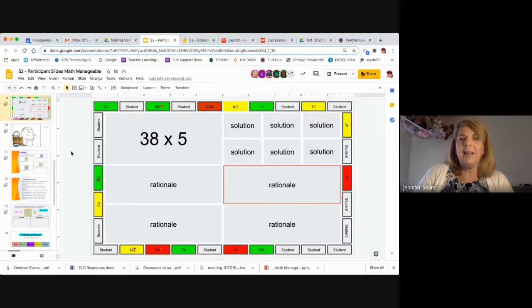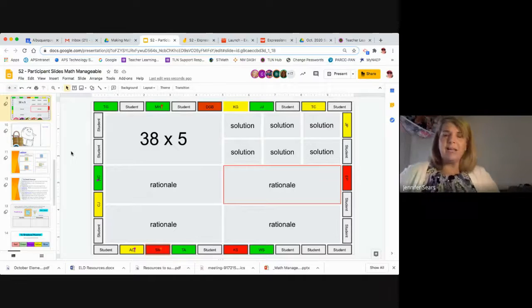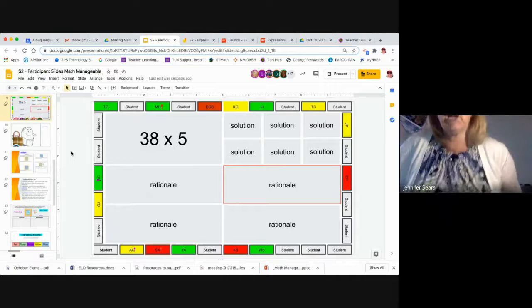It seems to be lighting up very nicely. We've got our red, we've got our green, and we've got New Mexico state question covered very nicely here.